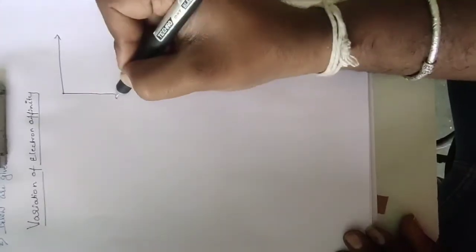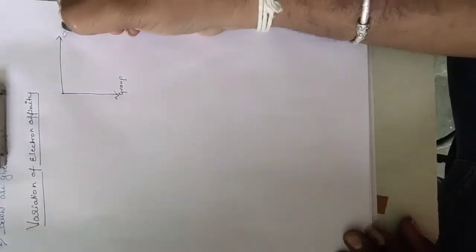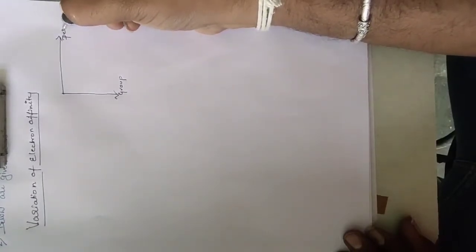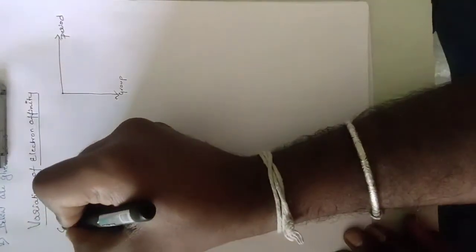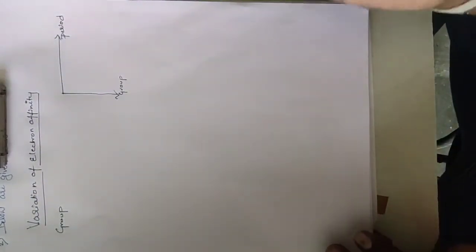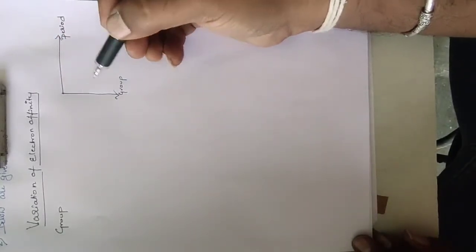If you take the periodic table in two simple ways, that is groups and periods. First we are going to talk about groups. In groups, the electron affinity decreases from top to bottom.